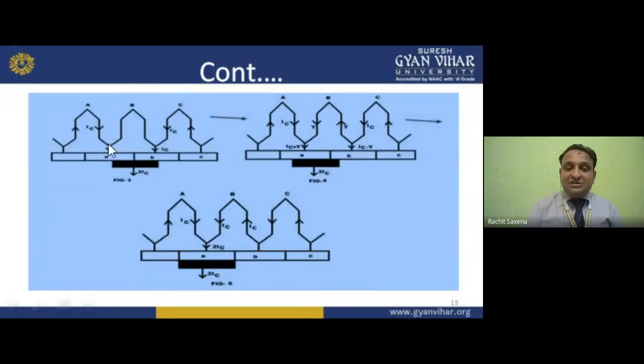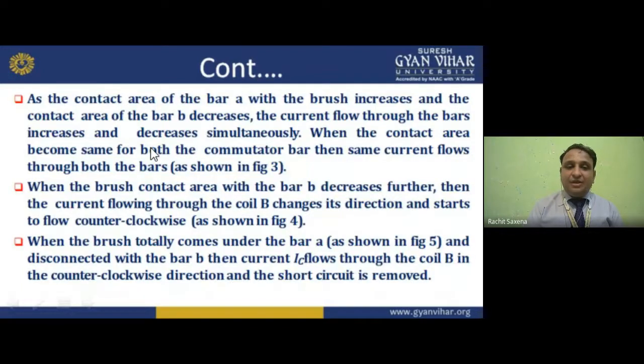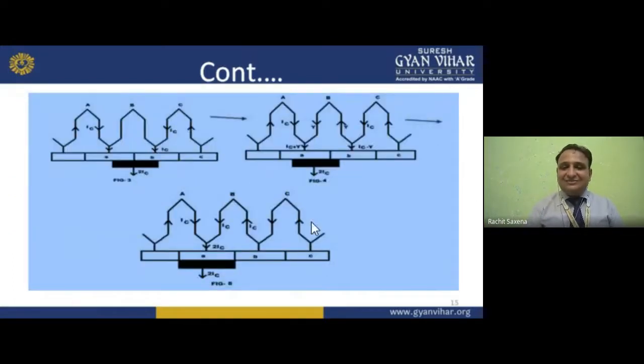Counterclockwise, like this. Okay, so we are getting this thing. When the brush contact area with bar B decreases further, then the current flowing through the B coil changes its direction, and starts to flow clockwise. See, like this.